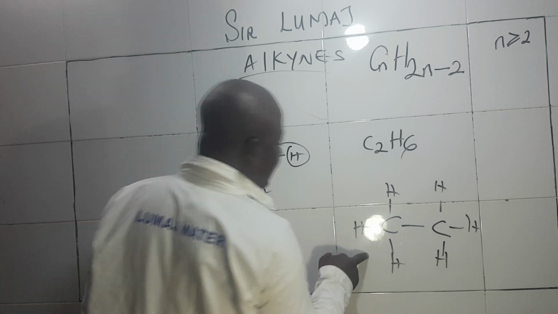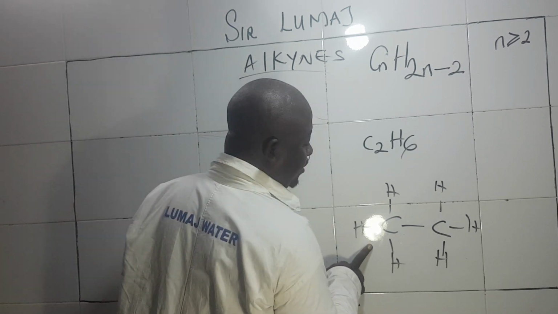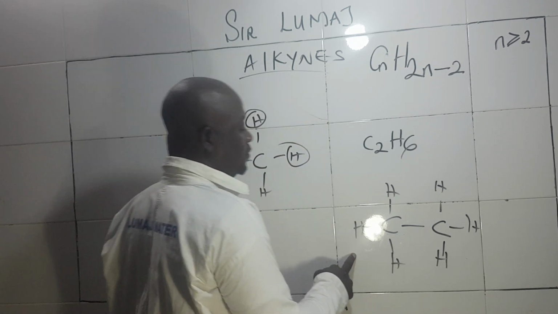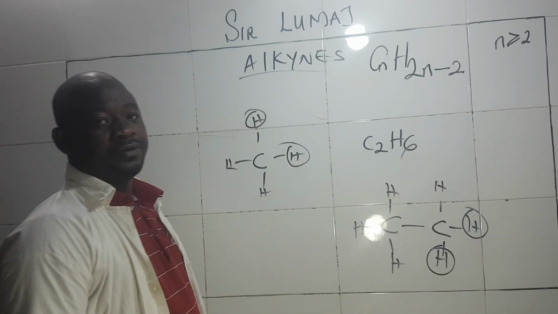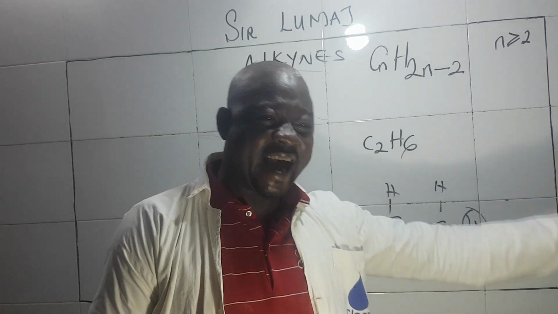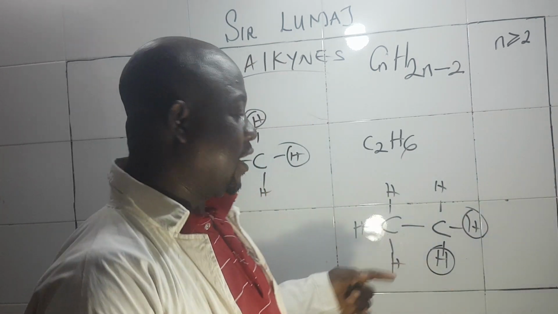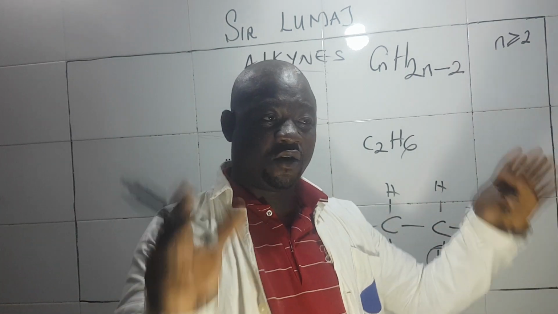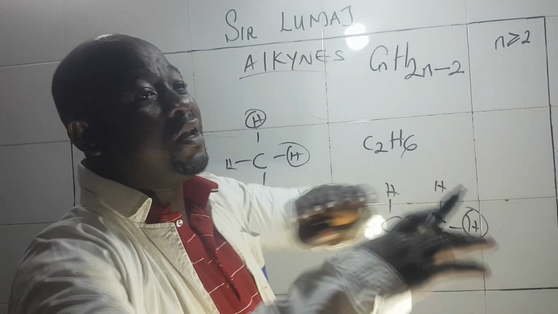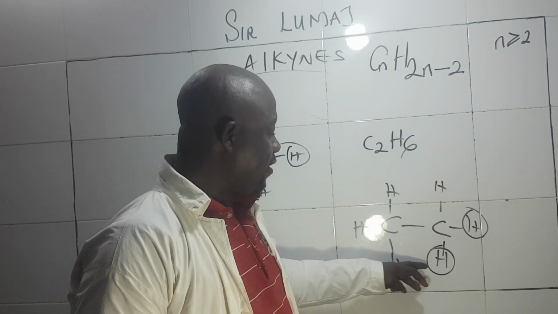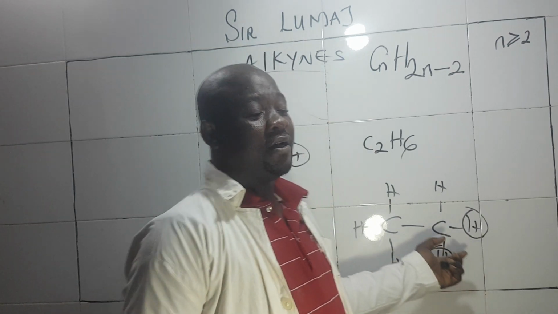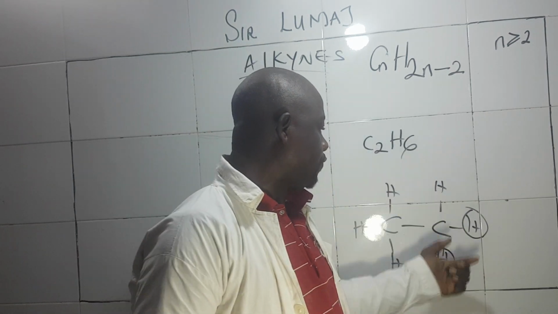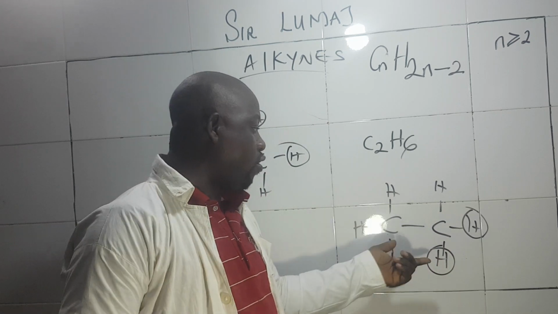So ethane, which is a typical example of an alkane, is going to lose two hydrogens. That reaction is called a dehydrogenation reaction. I told us in the last video that I'm going to do a video where I'll be talking about reactions. So here we have a dehydrogenation reaction, whereby two hydrogen atoms are knocked off from this compound.